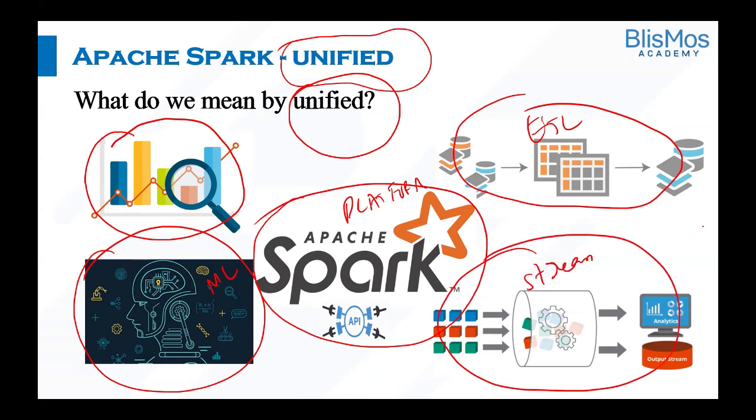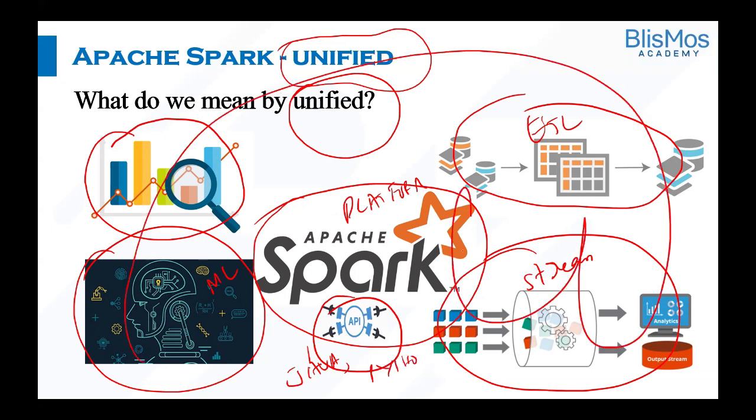On top of that, like icing on the cake, it also has an API to support multiple languages, as we already discussed, Java, Python. So, under one umbrella, multiple aspects of data processing can be taken care of. That is the reason it is called unified.